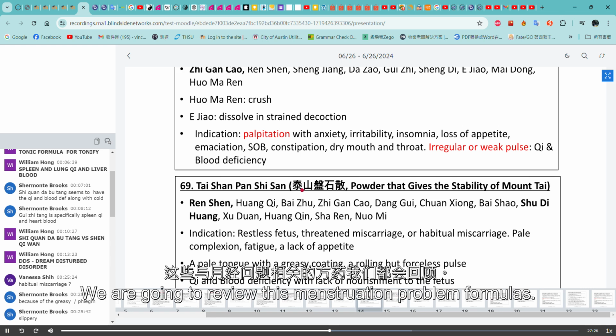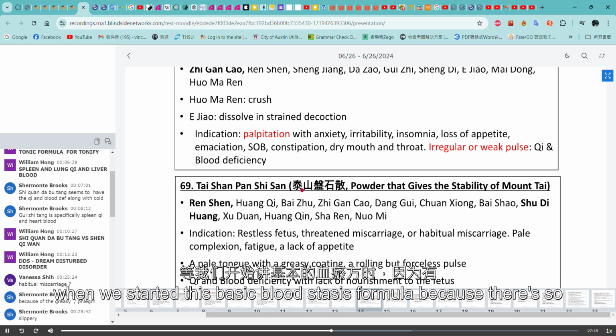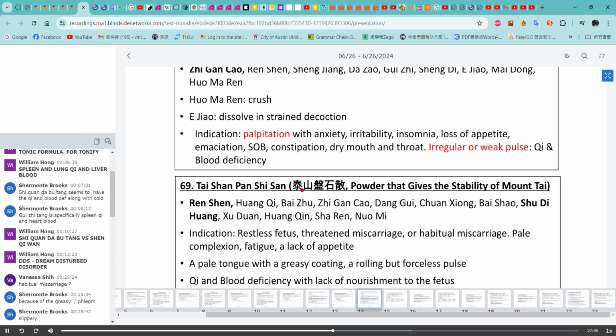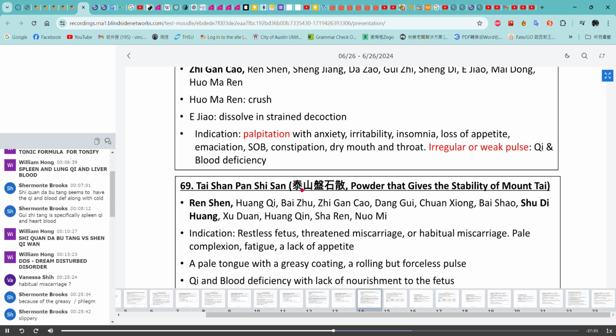We're going to review these menstruation problem formulas later when we study the blood stasis formulas, because there are so many blood stasis, menstruation, or infertility related formulas. So you should be able to differentiate between those two as well.